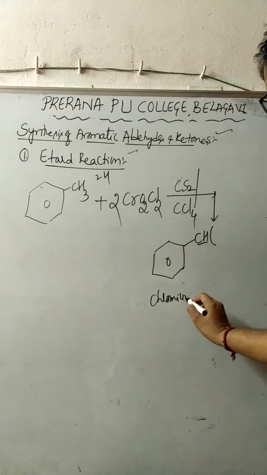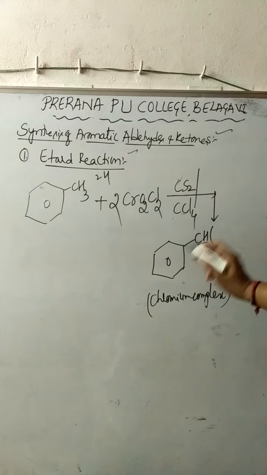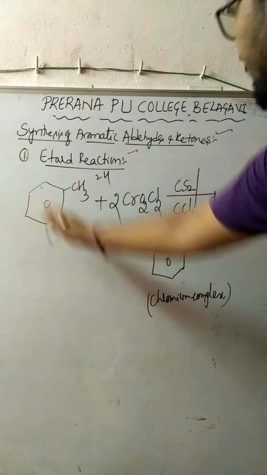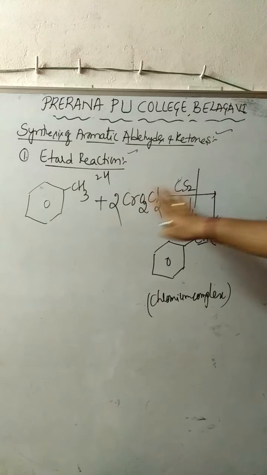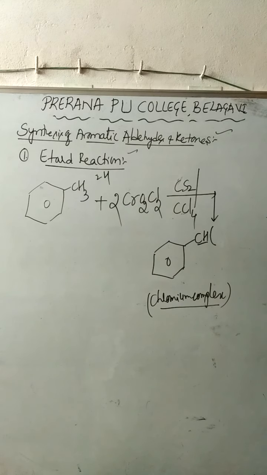To get this chromium complex, it is an addition product. None of the reactants gets eliminated in this. There is no elimination. The entire reactant adds up to give a chromium complex. I will rewrite this as O, chromium, with one more O, along with H, along with Cl2, overall twice.